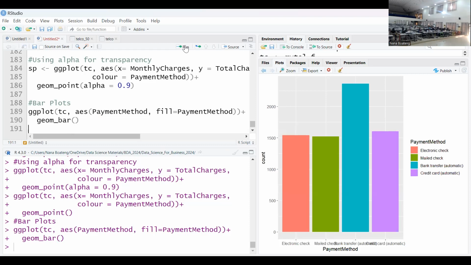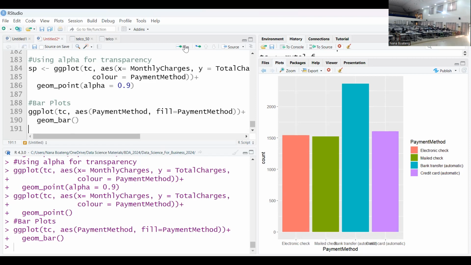Okay, so you see that it's giving us the count for electronic check, mail check, bank transfer, and then credit card. But you see the text on the x-axis, they are a bit cluttered, are they not? Okay, so we can turn it a bit so that it becomes readable, right? So let's adjust the code a bit, okay?